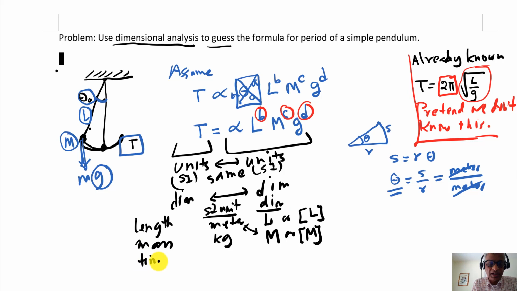If I have a time, you could use second as the unit, and for the dimension you use T. Other units you can similarly work out. So if I had an angle, say radian, the dimension is none.